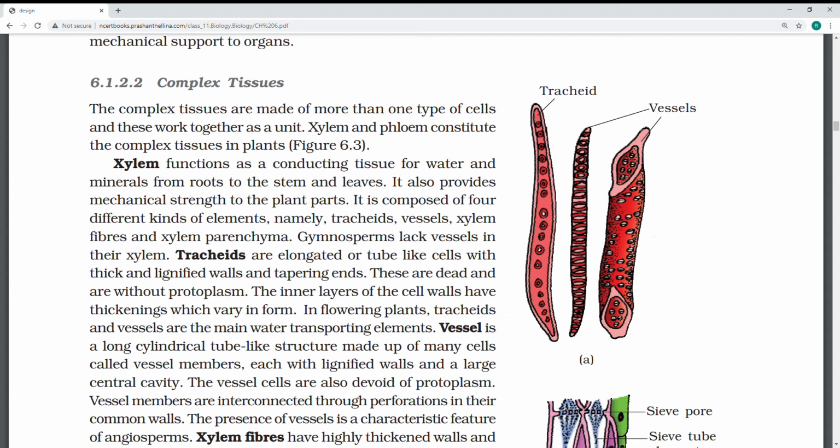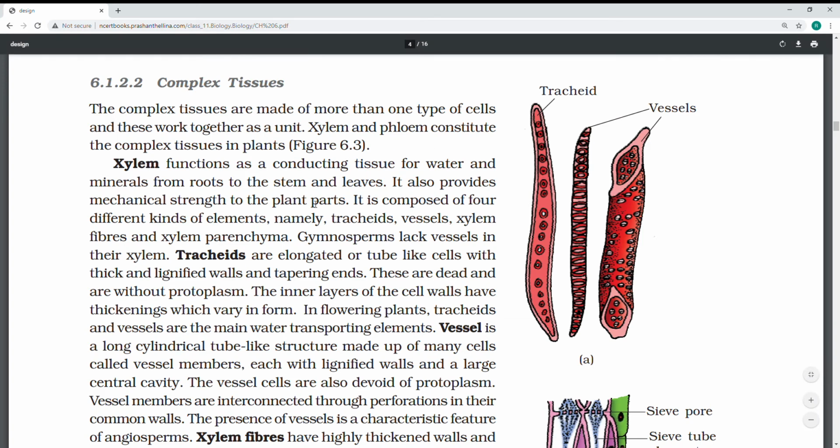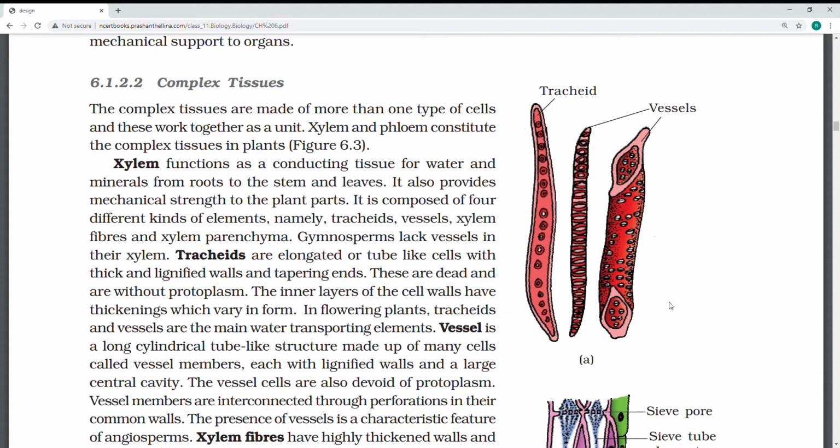See the xylem diagram here: tracheids, which they have shown in the first diagram, in red. What is the difference between tracheids and vessels? The xylem is generally wood, conducting water upward in the plant, from root to stem, like blood vessels in our body. So these conduct the water and support all the other parts.